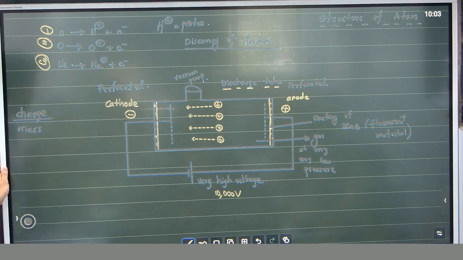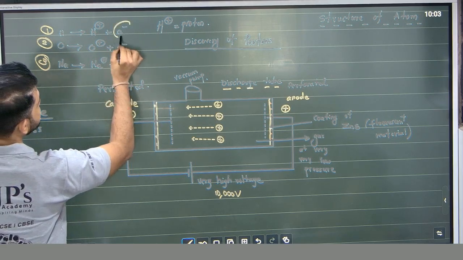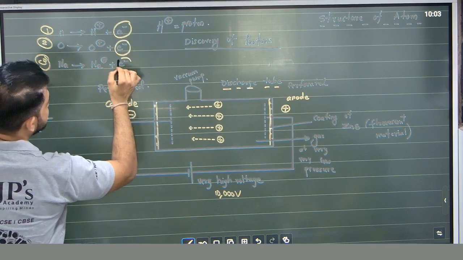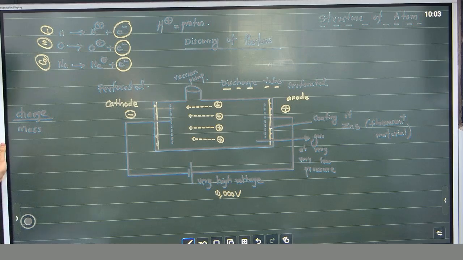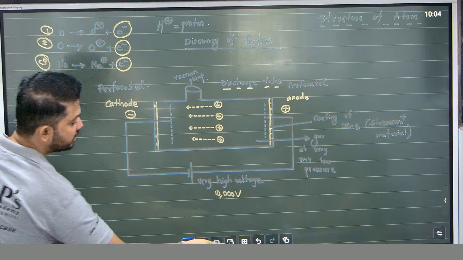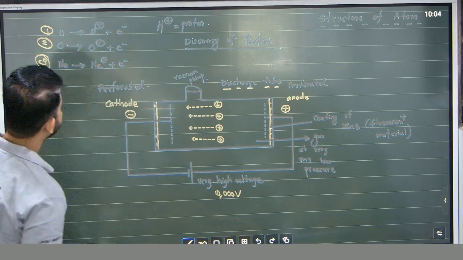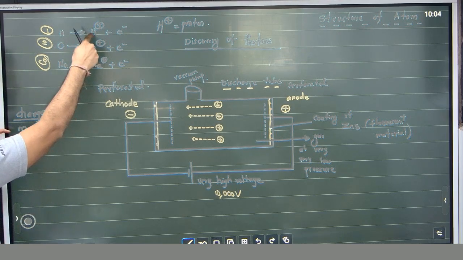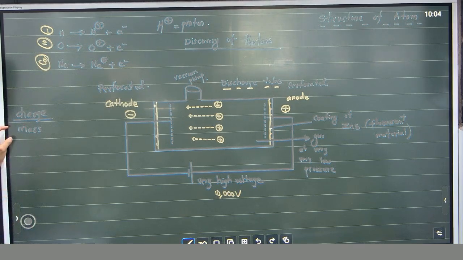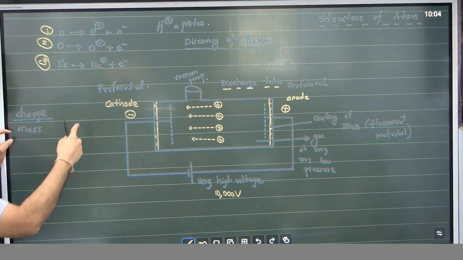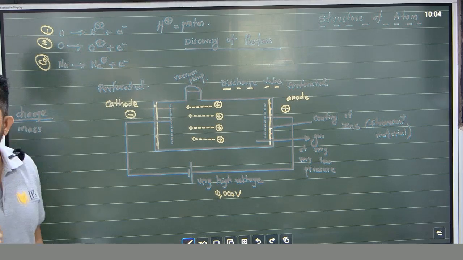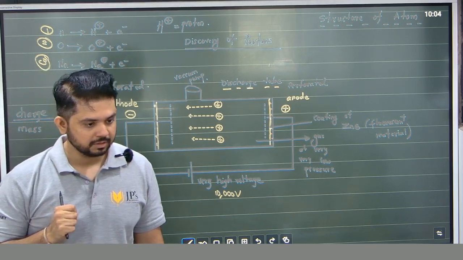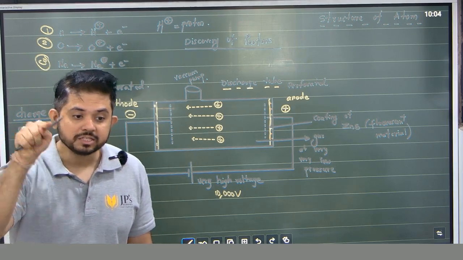Remember over there, in the denominator it was the mass of the electron. But here, in the denominator, if I take hydrogen gas, whose mass will come? H plus. If I change to oxygen, O plus has more protons, and hence the charge to mass ratio will change.